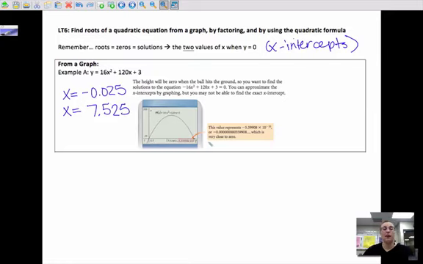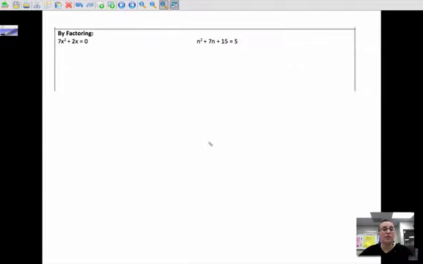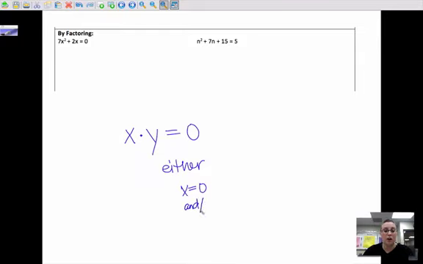So there they are. Another thing we've talked about is factoring. Factoring uses the zero product property, and I want to remind you of what that is. The zero product property says, and you don't have to write this down, just follow along here, that if you multiply two numbers or two terms and you get 0, then either x equals 0 and/or, because they could both equal 0, y equals 0.